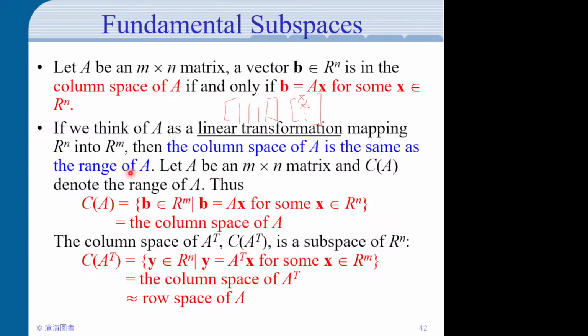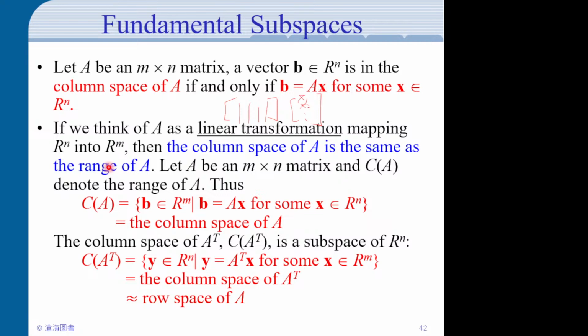Range and image. So what's the range? Range is all possible images of A, and that's exactly the column space, because we know every possible b is a linear combination of the columns. So the column space is the range.